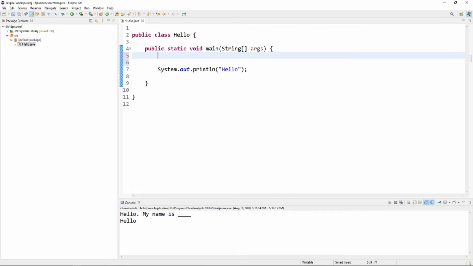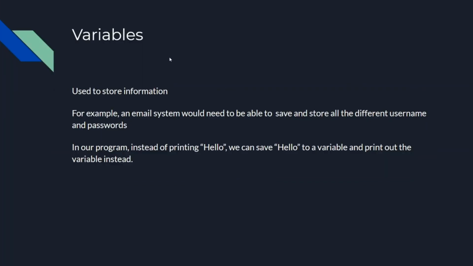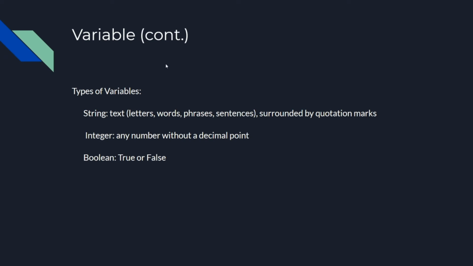There are different types of variables. There's what's called a string, and this is text: letters, words, phrases, or sentences surrounded by quotation marks. Then there's integers, which is any number without a decimal point, and booleans that are true or false. There are several other types of variables, but for now, these are the ones that we'll be talking about.